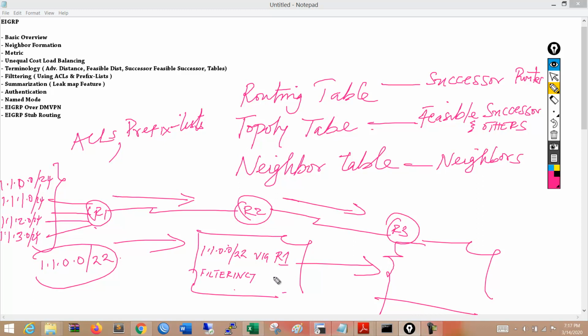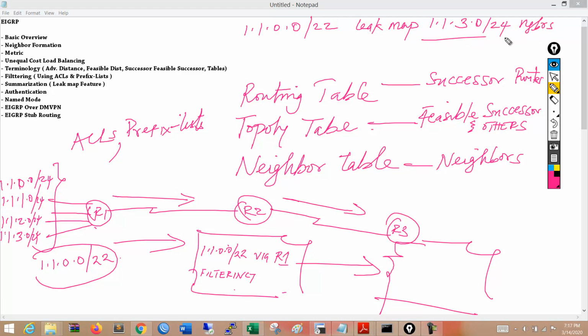Okay, and we'll talk about the EIGRP leak map feature. What is a leak map? When you summarize some routes, let's say for instance we have summarized all of those networks into this, we can also use a leak map to say, even as I'm summarizing this route, I want to still leak the specific route 1.1.3.0/24 to my neighbor.